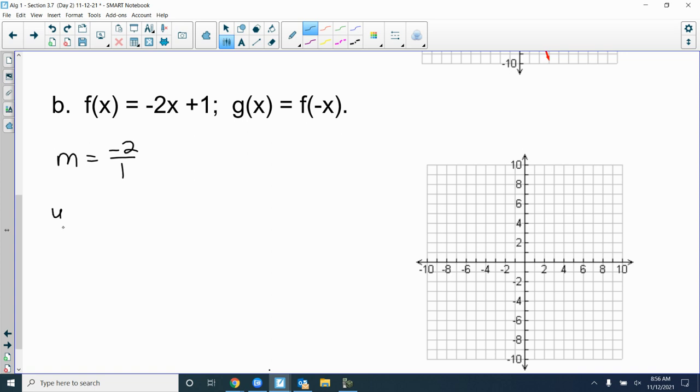My y-intercept, which is also your b value, is 0, 1. So I'm going to go to 0, 1. I'm going to put a dot.